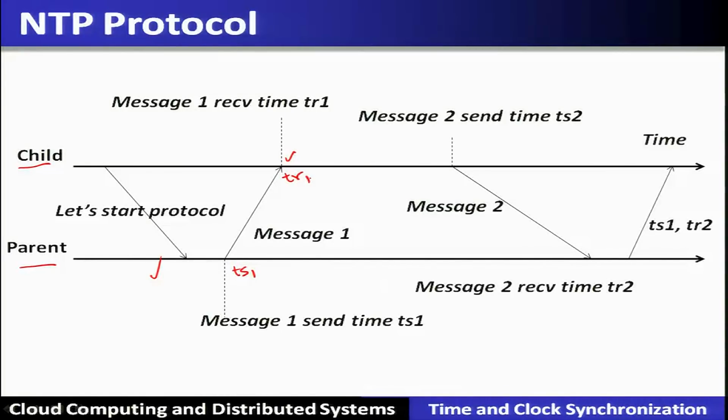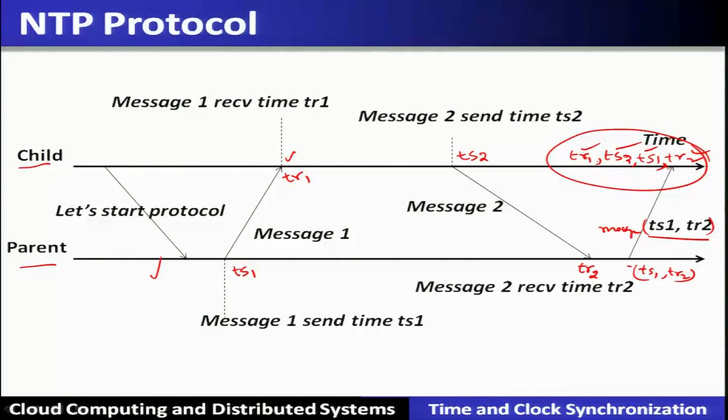Then the child will send another message, message 2, at time Ts2, and this message will be received by the parent or the server at Tr2. Then the parent will pack these two values, Ts1 and Tr2, in a message which will be received by the child. So, the child will now have its own timing Tr1, Ts2, and these two values received from the message, that is Tr2 and Ts1. So, Tr1, Tr2, Ts1, Ts2, all 4 values it has now received.